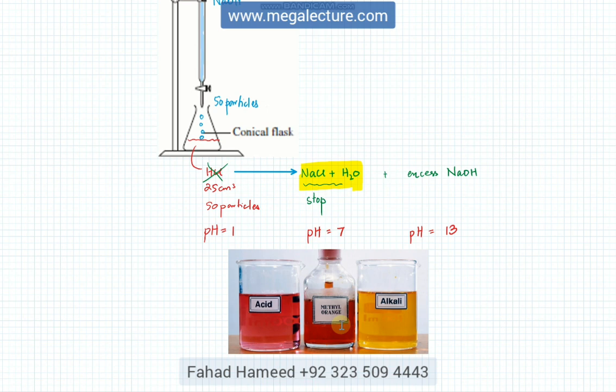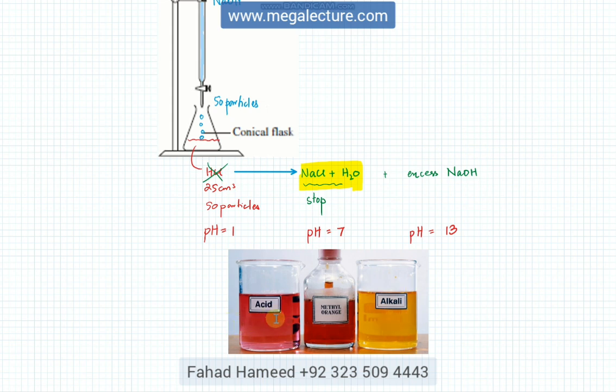Now the first indicator I can use is methyl orange. If you add a few drops of methyl orange over here, in acidic conditions, if there's HCl, it's going to be red or orange in color. And once the solution turns even very slightly basic, or you add one extra drop of NaOH into the flask, all of a sudden, under alkaline or basic conditions, it's going to turn yellow orange.